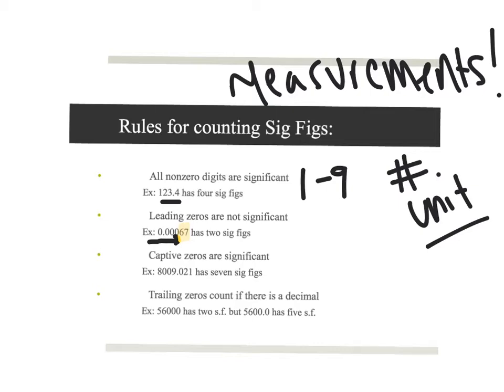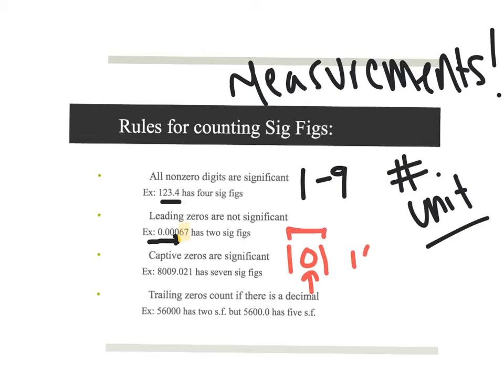Okay, so our third rule is that any captive zeros are going to be significant. You want to think of this like a zero sandwich. If I have the number 101, this 0 right here is significant because it's between two non-zero digits.